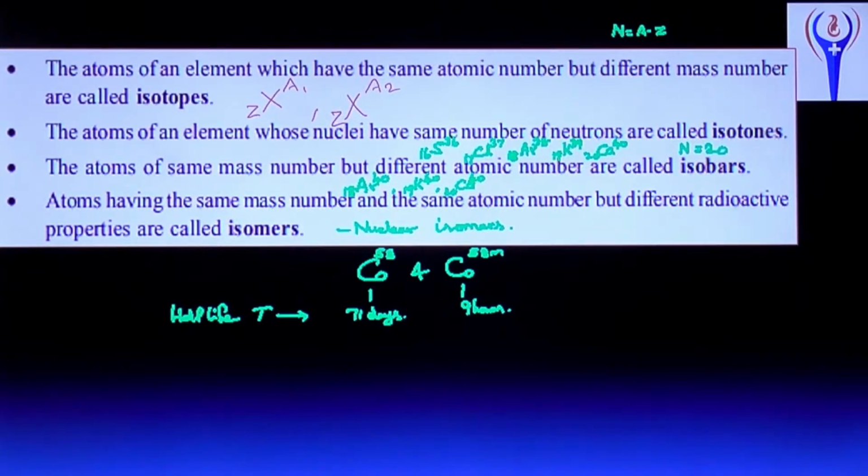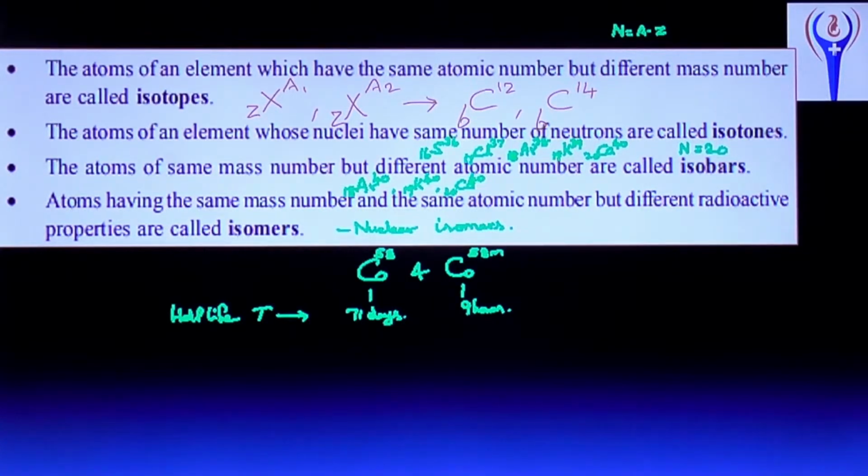Can you say any example for isotopes? Carbon. Carbon means C-12 with atomic number 6, another one C-13, C-14. They are all isotopes of carbon. Similarly, another example, hydrogen.